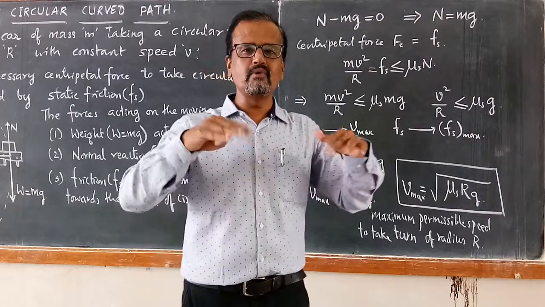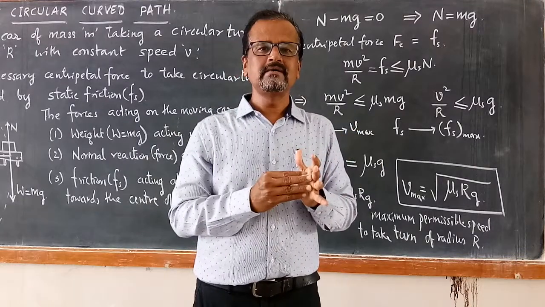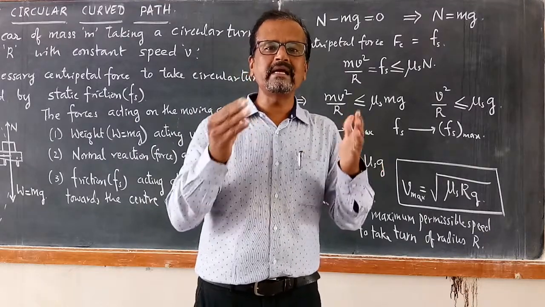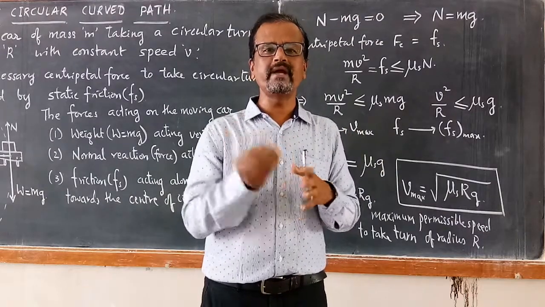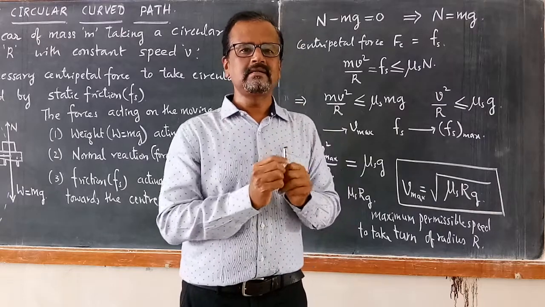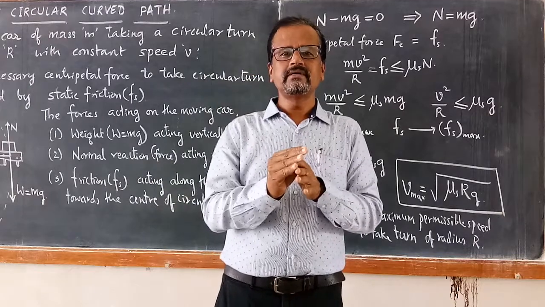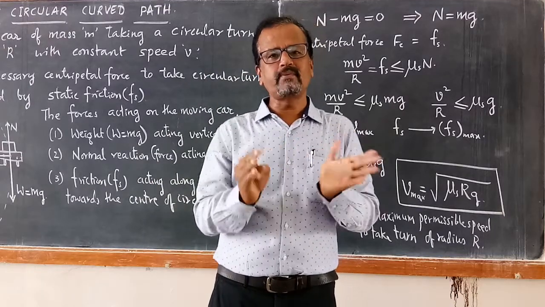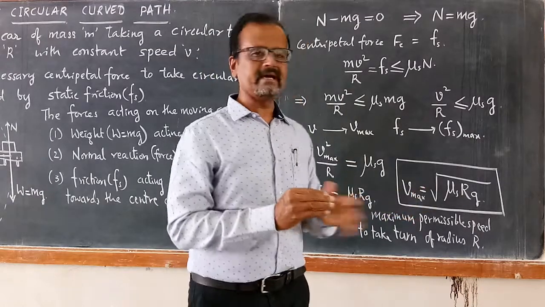If you make the road more and more rough surface, then the problem is more and more wear and tear of the vehicle tires. The vehicle tires undergo more wear and tear. So to avoid this, the outer edge of the road is little elevated than the inner edge, and that provides better speed than this v max.